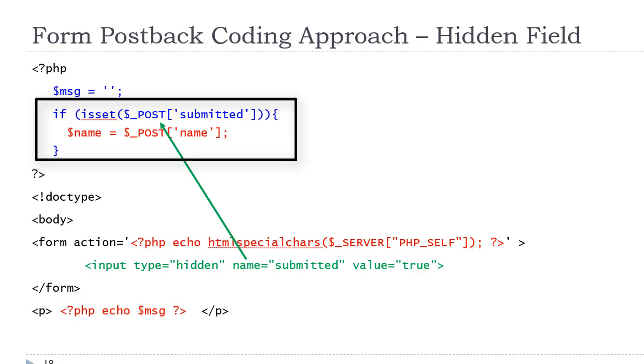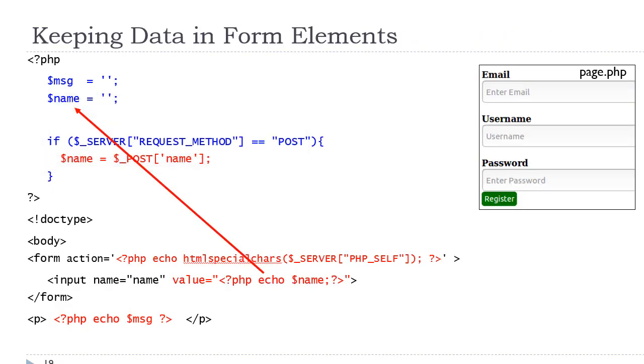You can also check for the submit button if it has a name. These form elements, these name-value pairs, will not exist until they are submitted to the form, so that is another way of testing that the form has been submitted. And if it has, all of the code that pertains to the form will be written inside that if block.